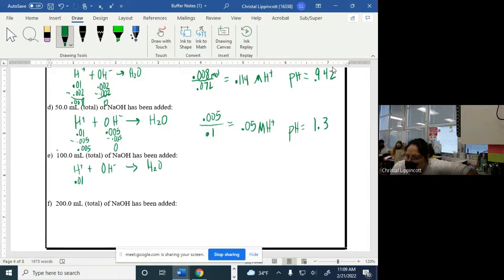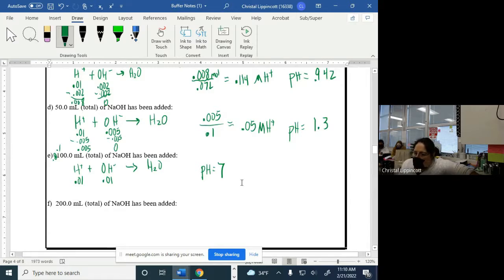I got this times 0.1, so that's 0.01. Okay, because that's 0.1 here for my liters. If these two are equal, and this is key, and it is a strong acid, strong base, then that means that your pH is equal to 7. And we don't need to do any more math, any more calculation, any more beyond that.